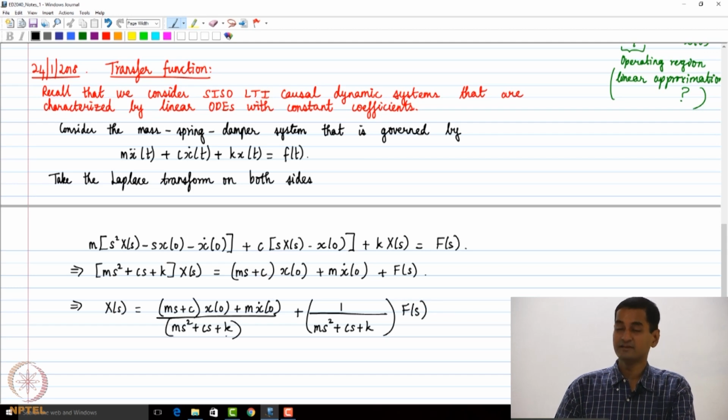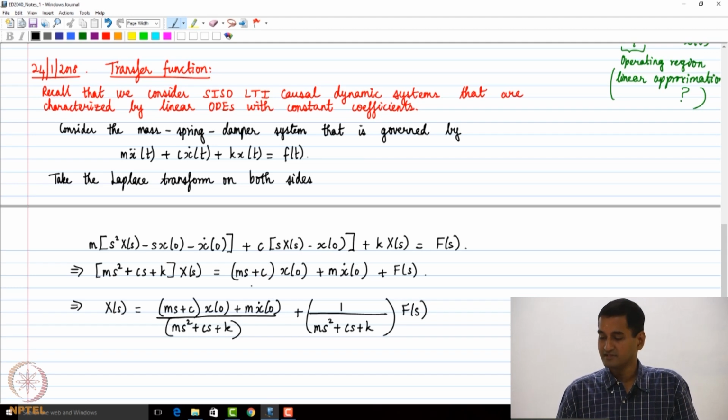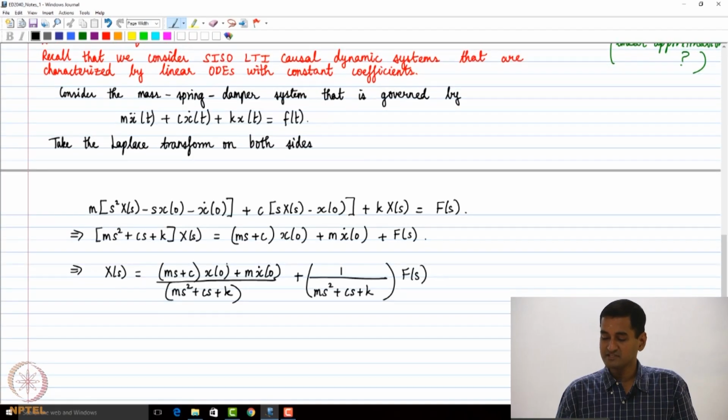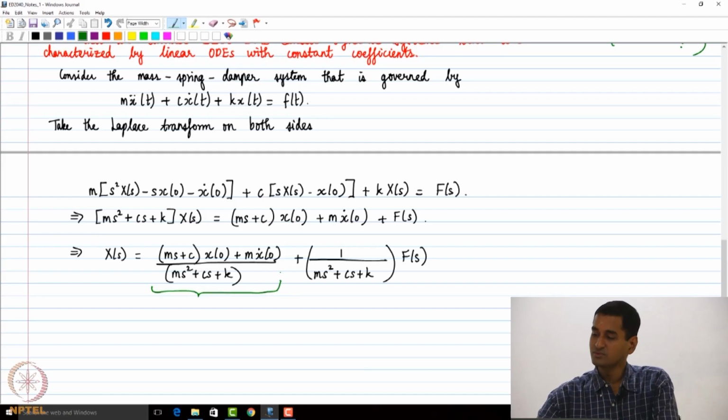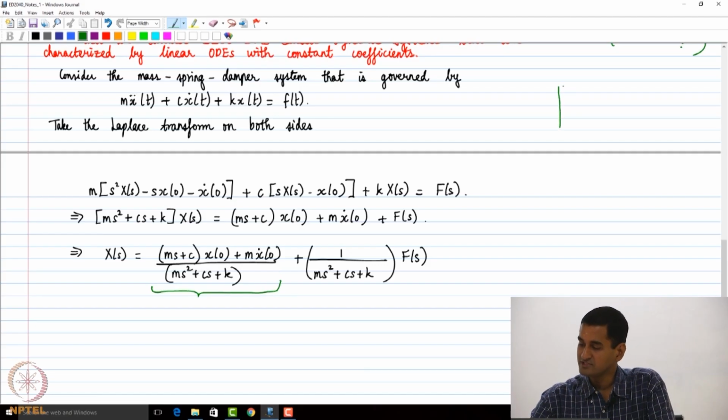So this is what I will get if I just take ms squared plus cs plus k to the other side, okay? So we already discussed that, this is the component of the output due to the non-zero initial condition, right? So if there exists any.